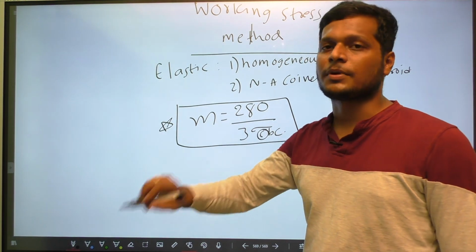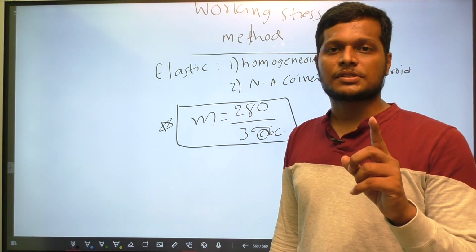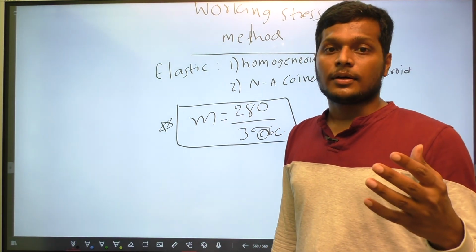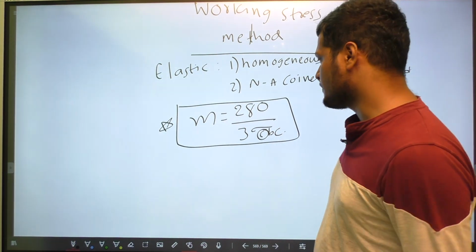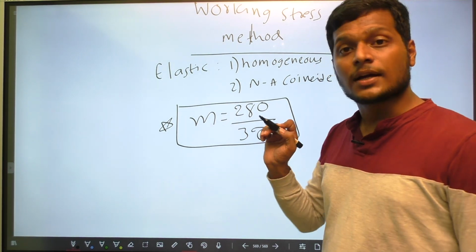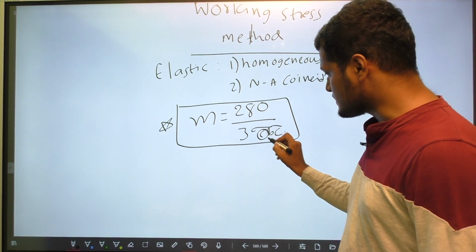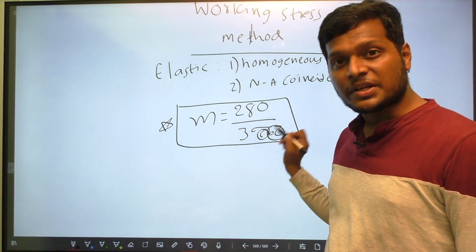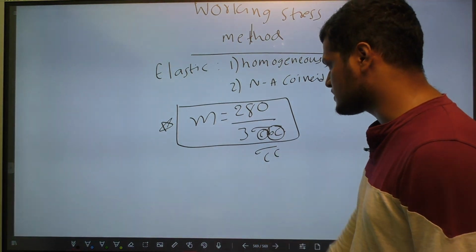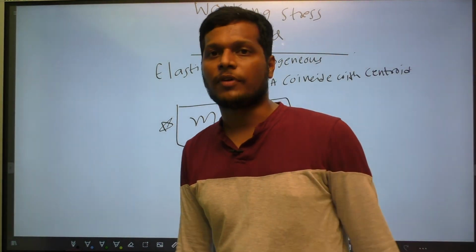In the RCC introduction chapter I discussed that the first suffix always represents the material and the next suffix represents the type of stress. Sigma means stress; C means concrete, BC means bending compression. If it is direct compression we call it σcc. So how to find this σcc?